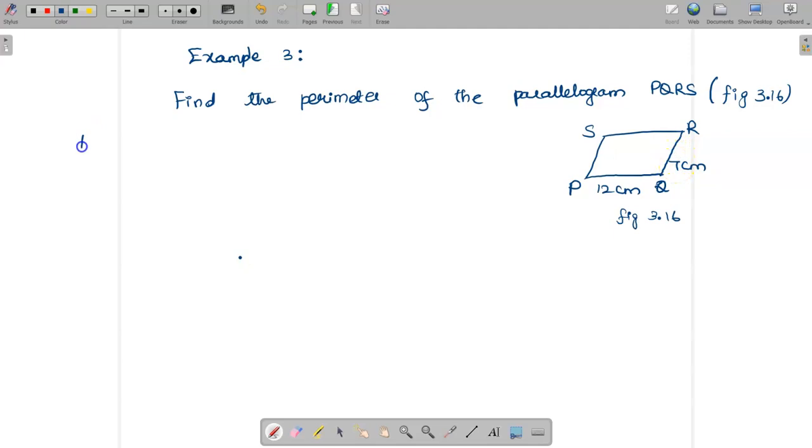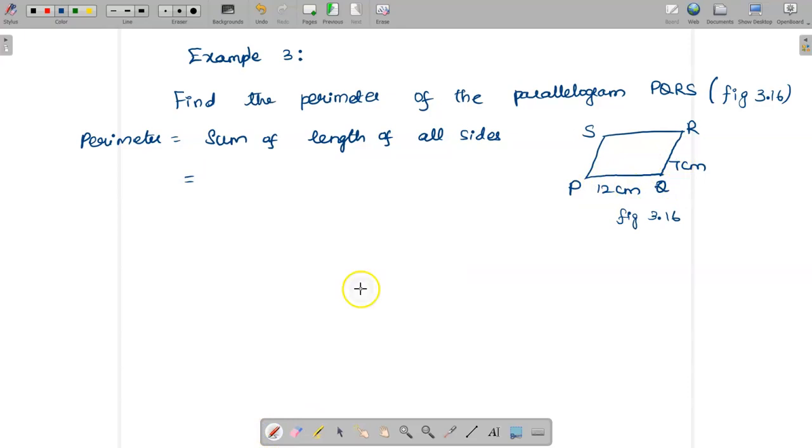So I can say that perimeter is given by the sum of the lengths of all sides. All the side lengths we need to add, that is nothing but the perimeter. So what are the lengths we have?